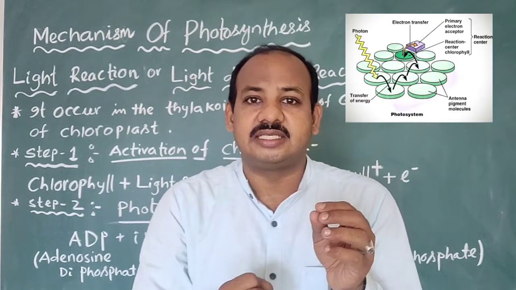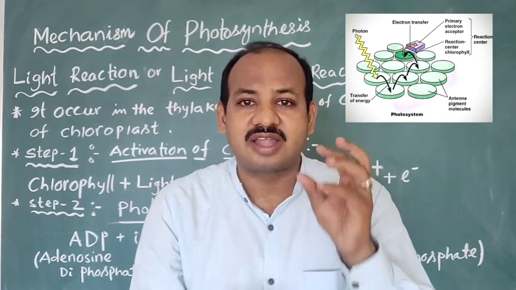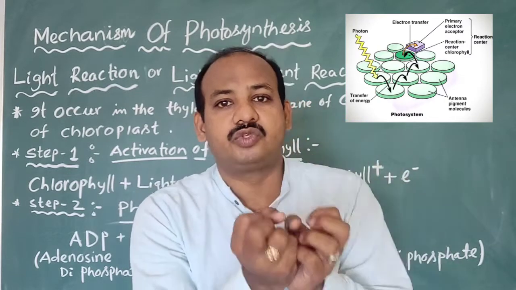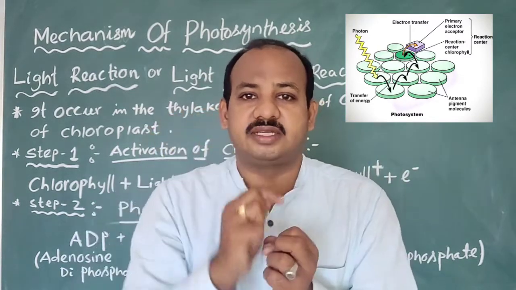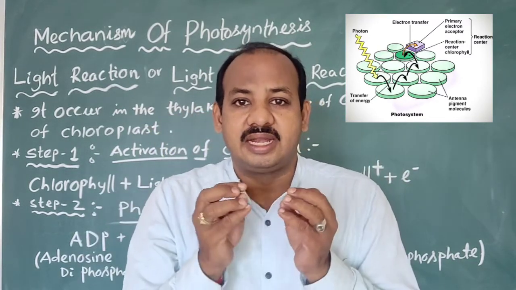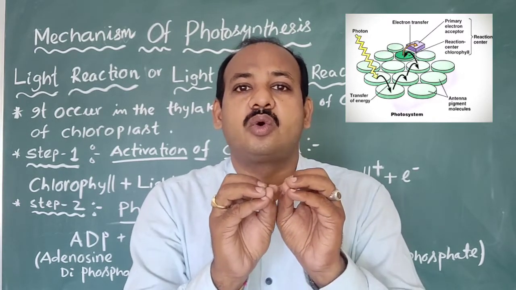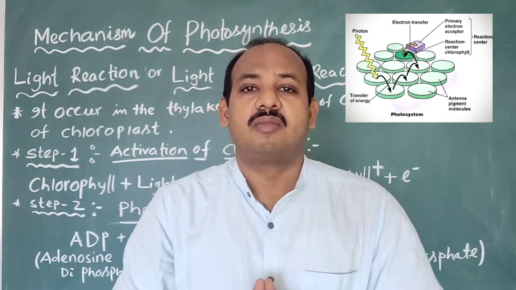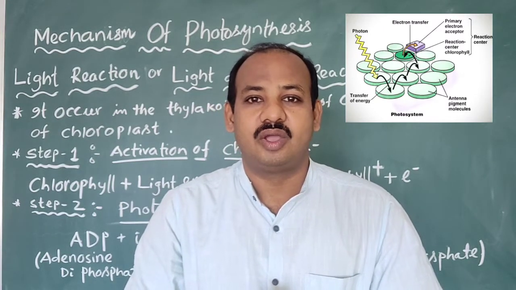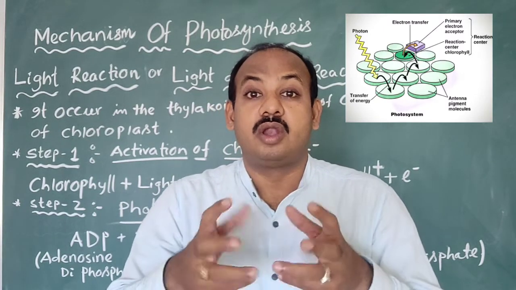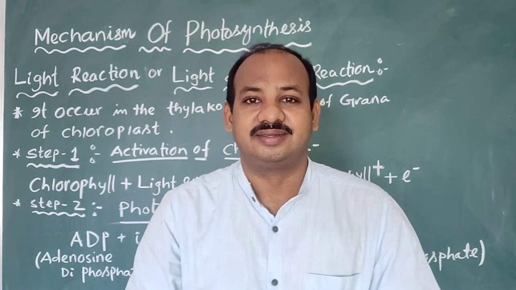And that solar energy, the quanta of energy, is absorbed by the accessory pigments, and they push that energy to the centrally located chlorophyll molecules. Okay, children? And the chlorophyll molecule gets excited.